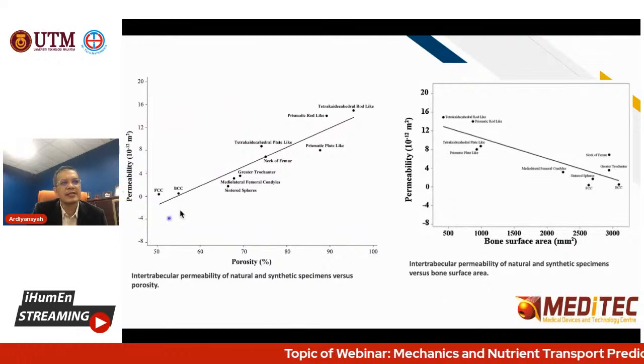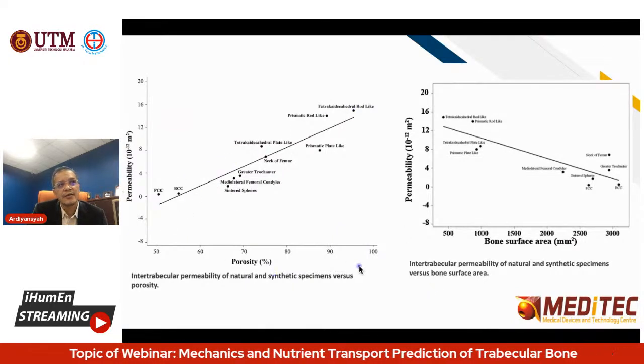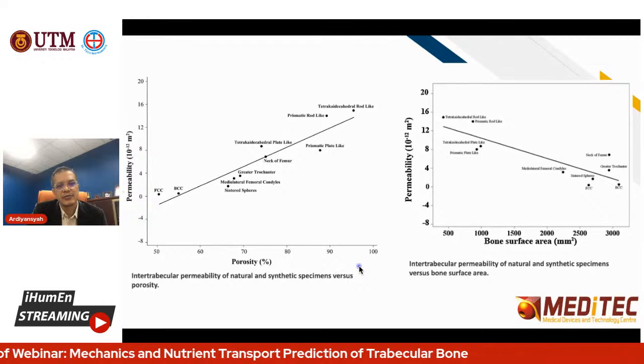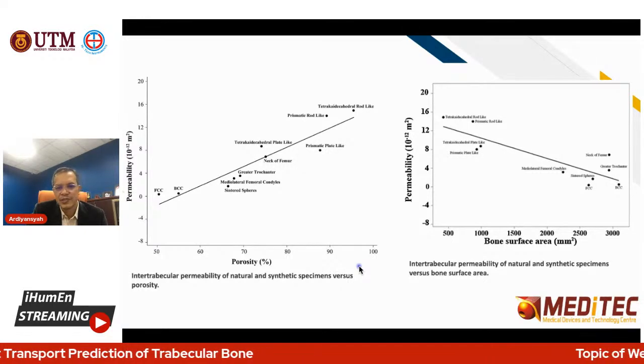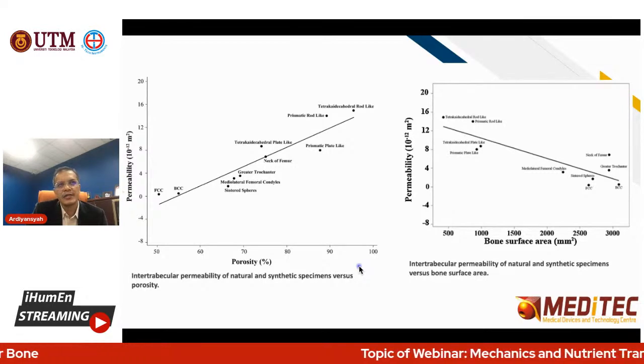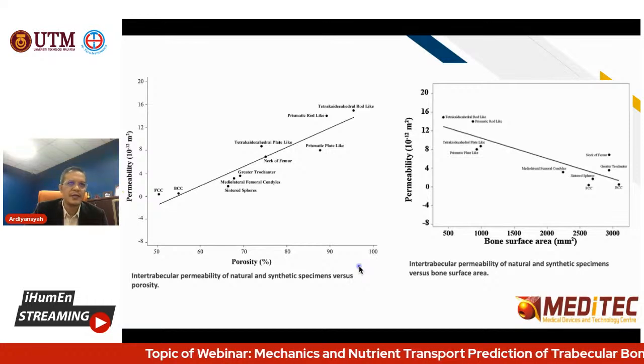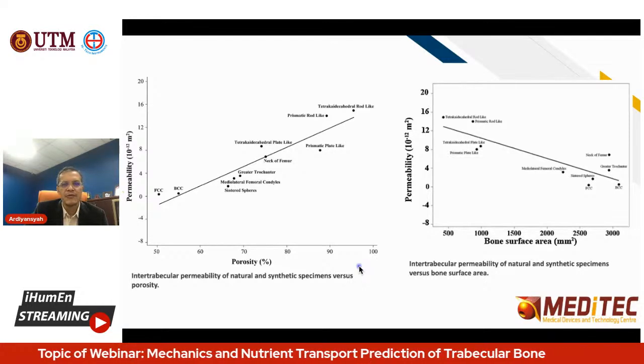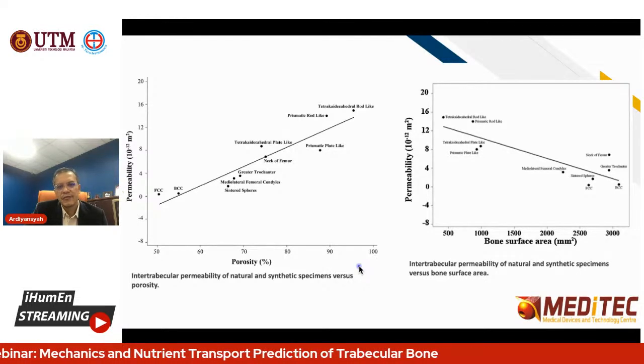This one shows the relationship between permeability and porosity. We can also check the importance of the bone surface area with the permeability. With MicroCT we can identify the bone surface area.